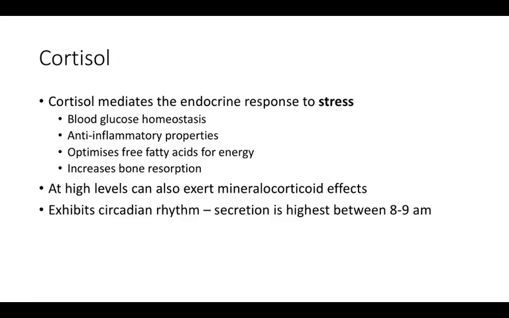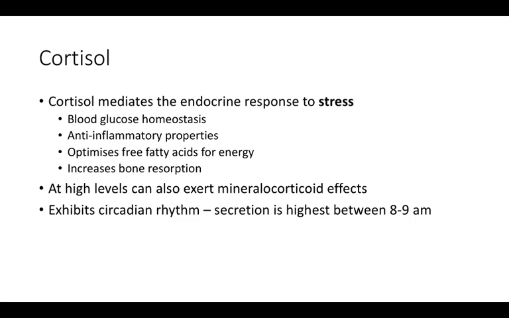So cortisol is the hormone that mediates the endocrine response to stress. It has a number of important essential functions, including glucose homeostasis. It's anti-inflammatory. It mobilizes free fatty acids for energy and promotes bone resorption. At high levels, it can also exert mineralocorticoid effects.